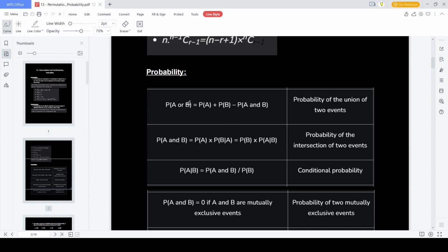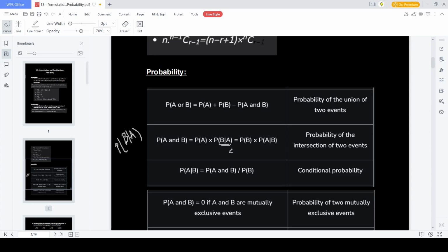P of A or B is given as probability of A plus probability of B minus P of A and B. Similarly, probability of A and B can be written as P of A into P of B given A. This is something called conditional probability. Conditional probability is the probability of B happening given A happened. That is how it's read, and that is what it means.